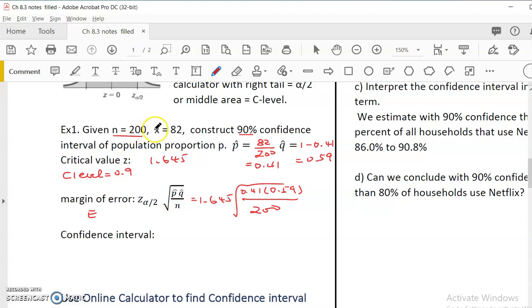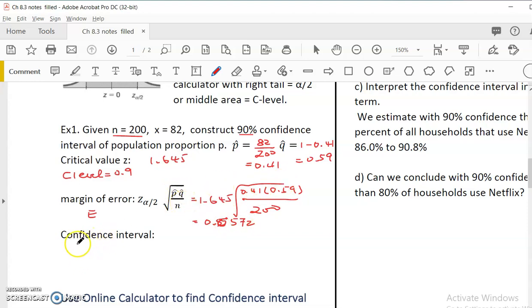I got 0.0572. So that means how far away is this p hat from p? The maximum is just 0.0572, because each tick mark is the square root of p hat q hat over n.